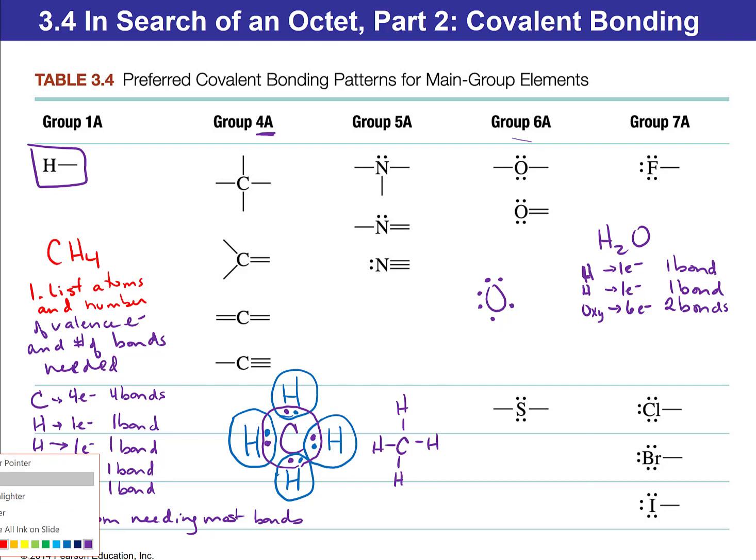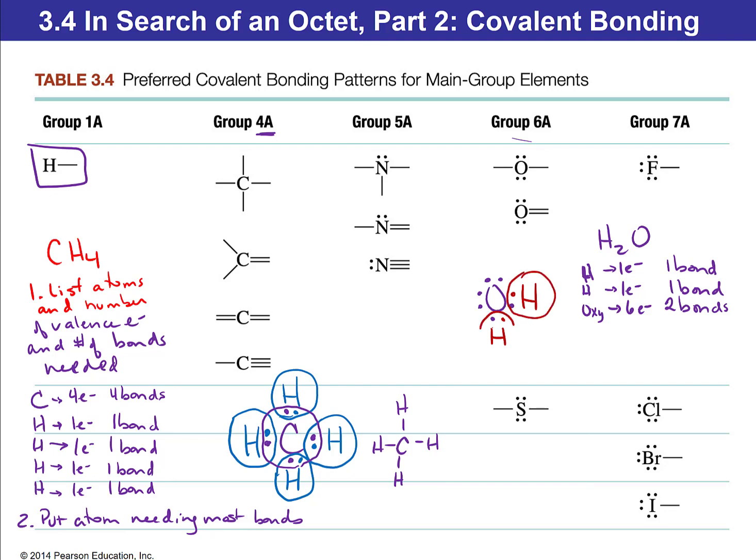So now I'm just going to add a hydrogen and use one of its electrons. Add a hydrogen, put its electron, and I've put all the atoms down. So this hydrogen now has its stable 2, and the oxygen has its stable 8.